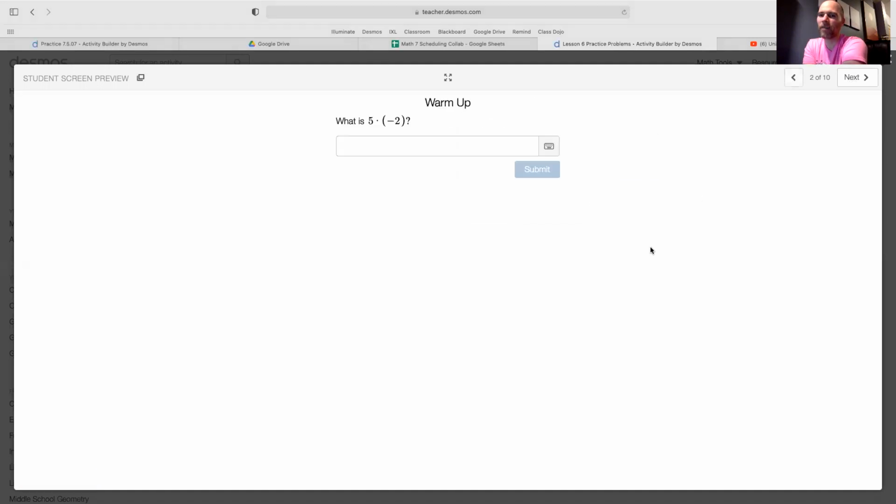All right, so what is 5 times -2? So in the Desmos, we were thinking of this as 5 groups of -2. So think of it as you have 5 -2s all being added up to each other. -2 plus -2 plus -2 plus -2 plus -2. I always like to put parentheses to separate the negative sign from the plus sign.